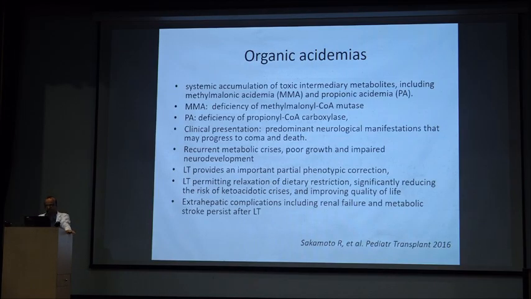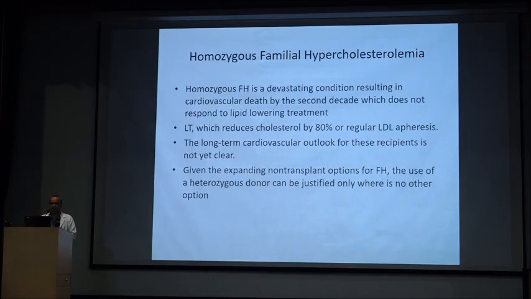Transplant provides an important partial phenotypic correction, permitting relaxation of dietary restrictions, significantly reducing the risk of ketoacidosis and improving quality of life. But extrahepatic complications, including renal failure and metabolic stroke, persist, and the data are unclear on how much success can be achieved.